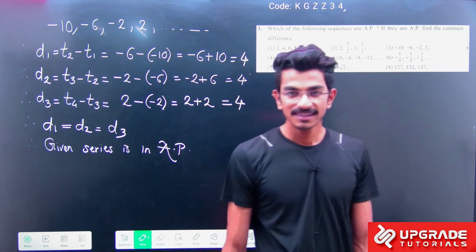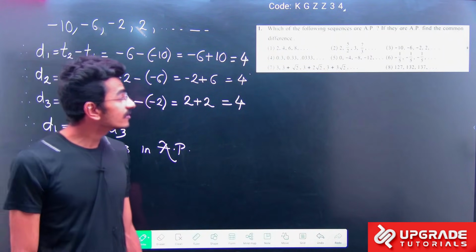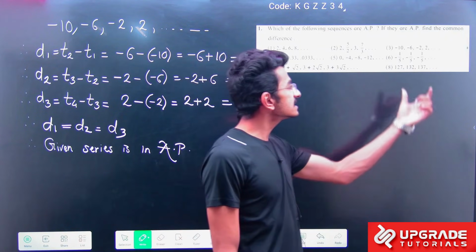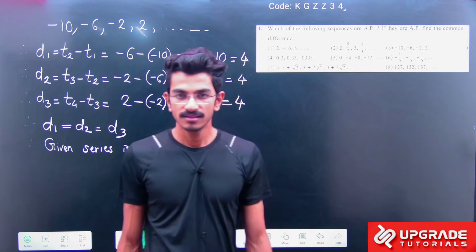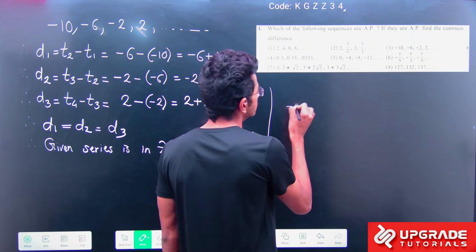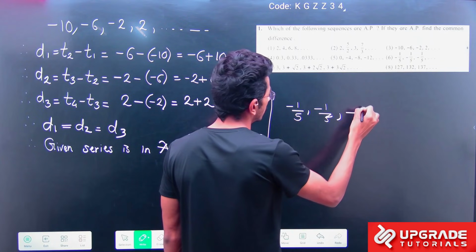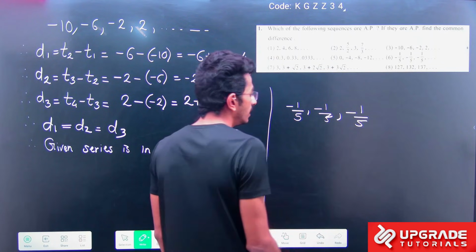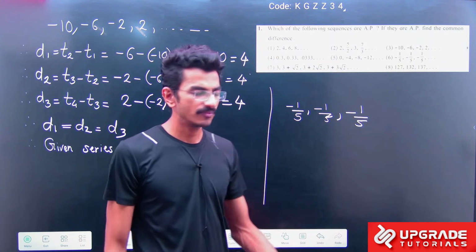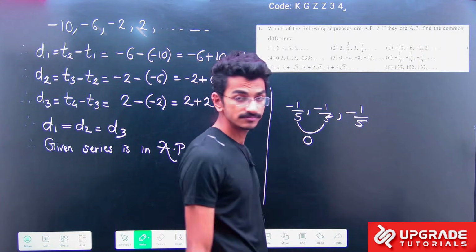Understood? Easy sums now? Yes, very easy. Now, if we check the sixth sum, the digits are minus 1 upon 5, minus 1 upon 5, minus 1 upon 5. If we clearly see, the difference between two digits will be 0.